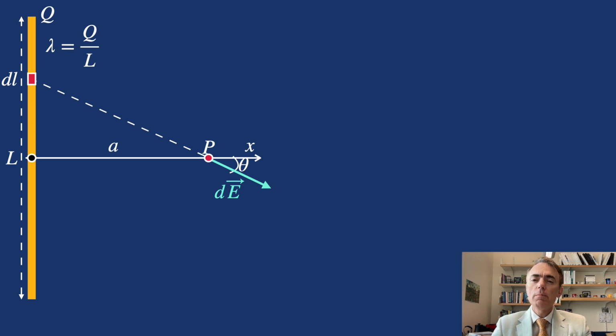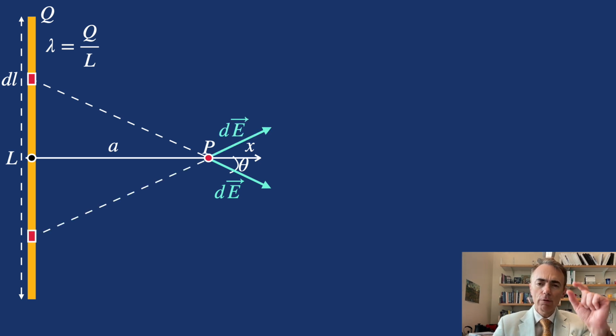Because of the symmetry of this problem, I know that the differential of E field created by this differential of length up here can be combined with the differential of E field created by this other differential of length down here. Then I have that the vertical components of both differentials of E field cancel, while the horizontal components add.